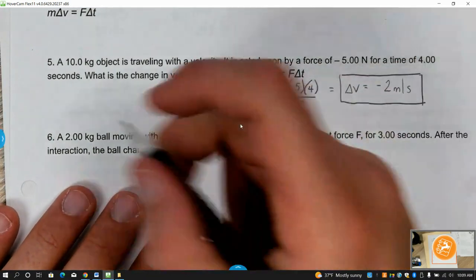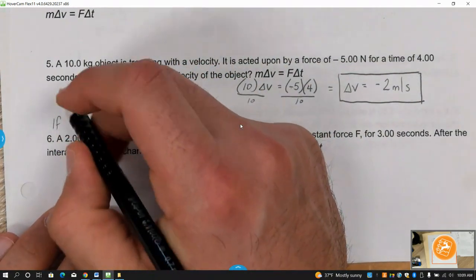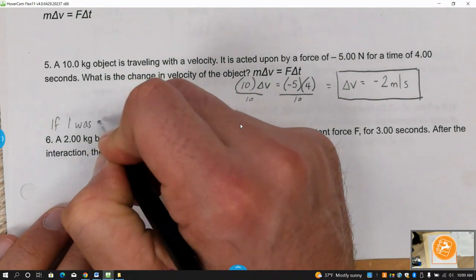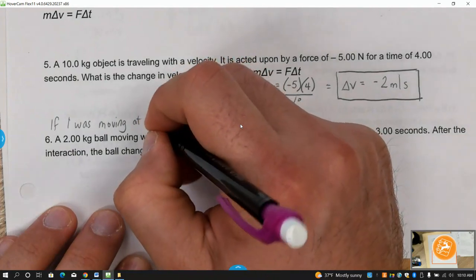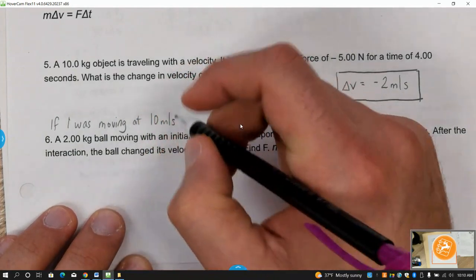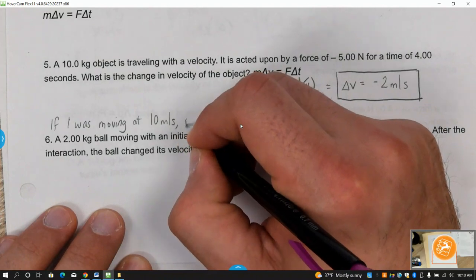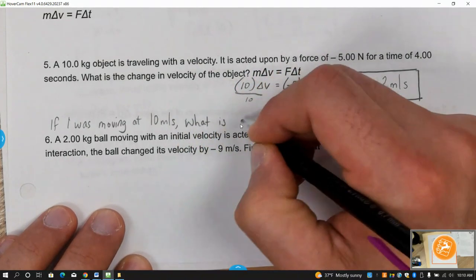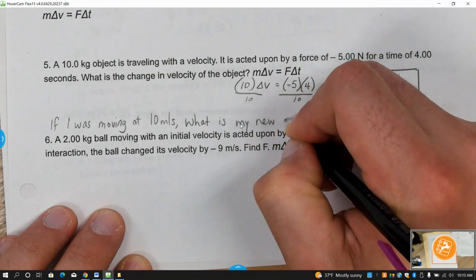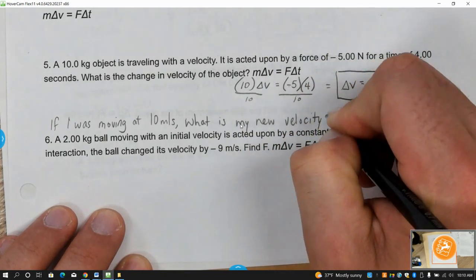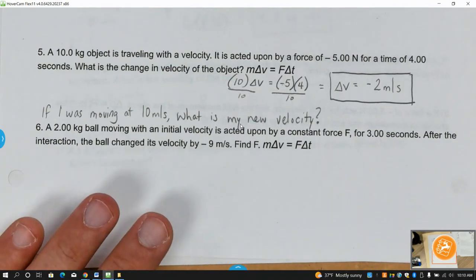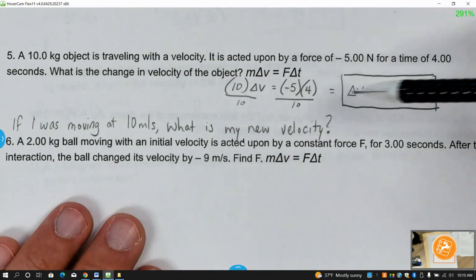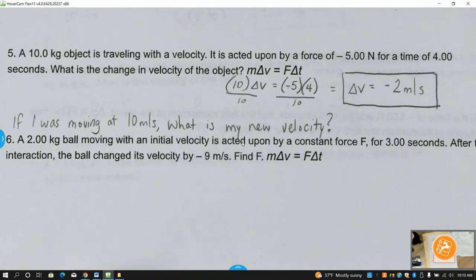So if a second part of this was like, if I was moving at 10 meters per second, what is my new velocity? If I was moving at 10 and I have a change in velocity of negative 2, what would my new speed be?